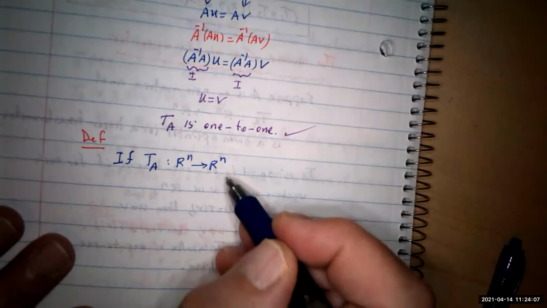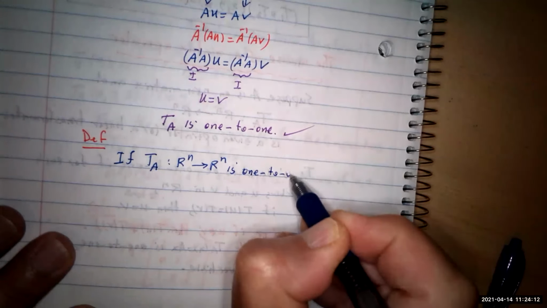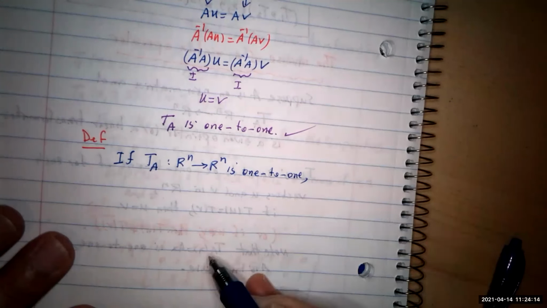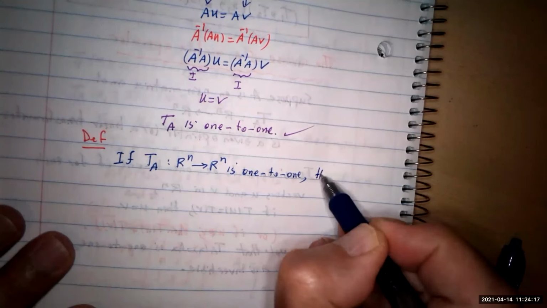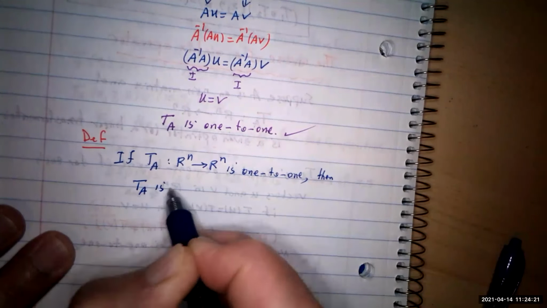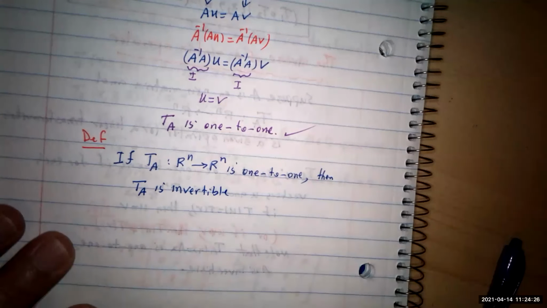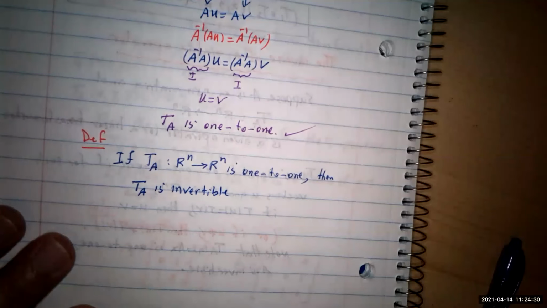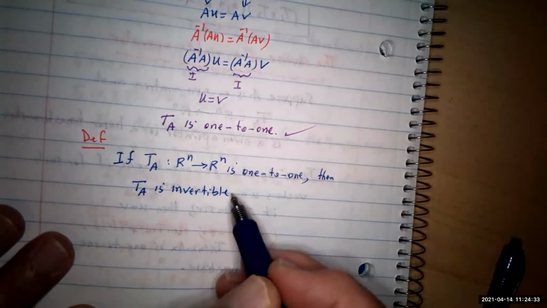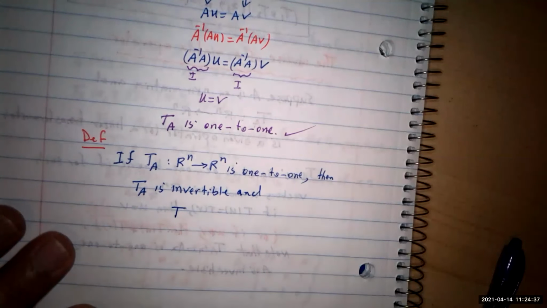If this is going to be one-to-one, then T_A is invertible, and this is the definition of its inverse.